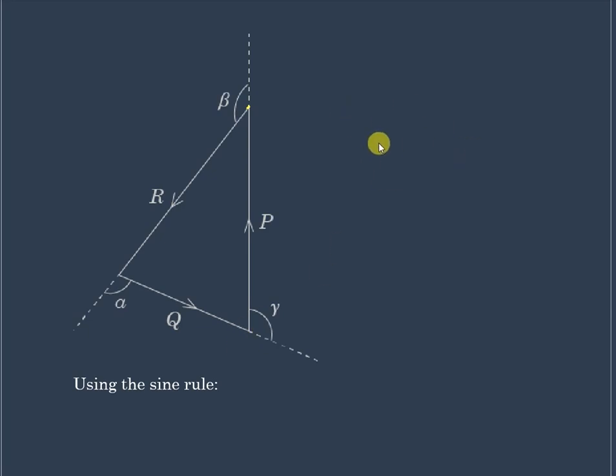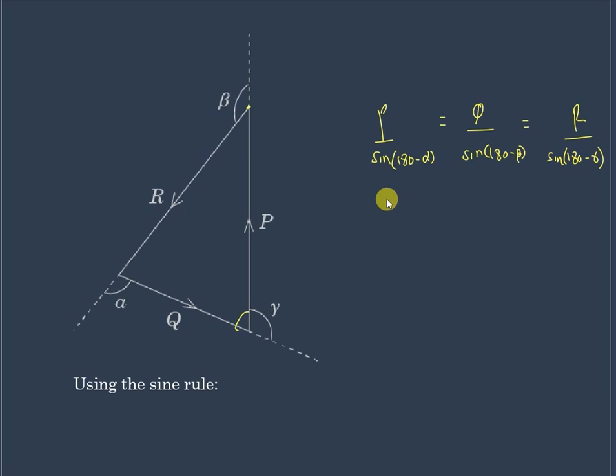By the sine rule, we have, starting with P: P divided by the sine of 180 minus alpha is equal to Q, the force Q, divided by the sine of the angle opposite, 180 minus beta, which is equal to R divided by the sine of the angle opposite R, which is 180 minus gamma. That is what we get from the sine rule.